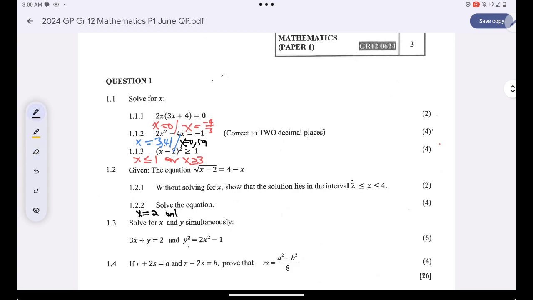For the simultaneous equation, I know that 3x plus y is equal to 2. This is equation 1. I also know that y squared is equal to 2x squared minus 1. This is equation 2.